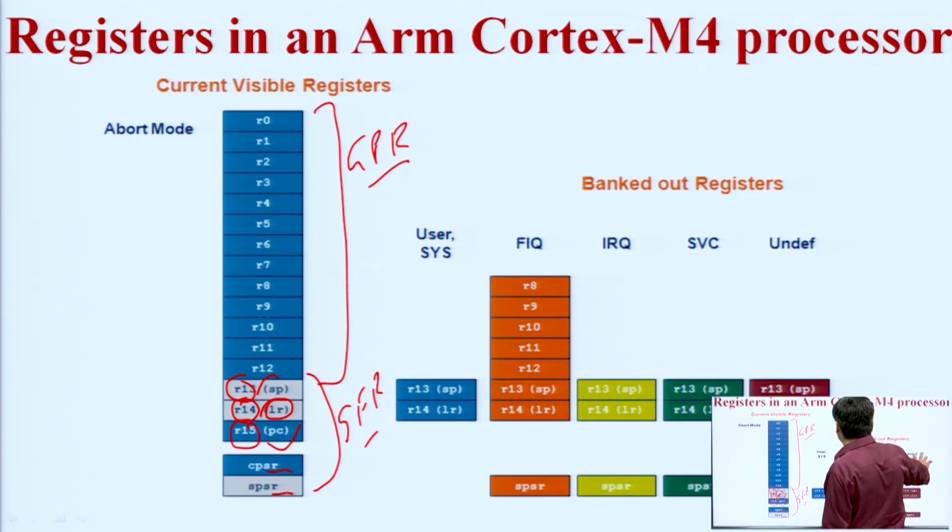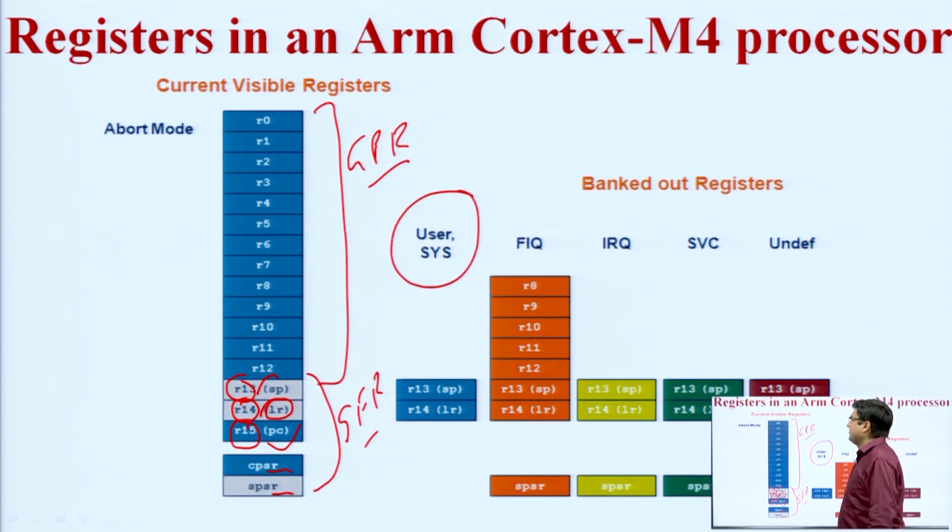Now we are talking about the different modes: user mode, FIQ, SVC, undefined, all of them accessing the registers of our ARM processor.